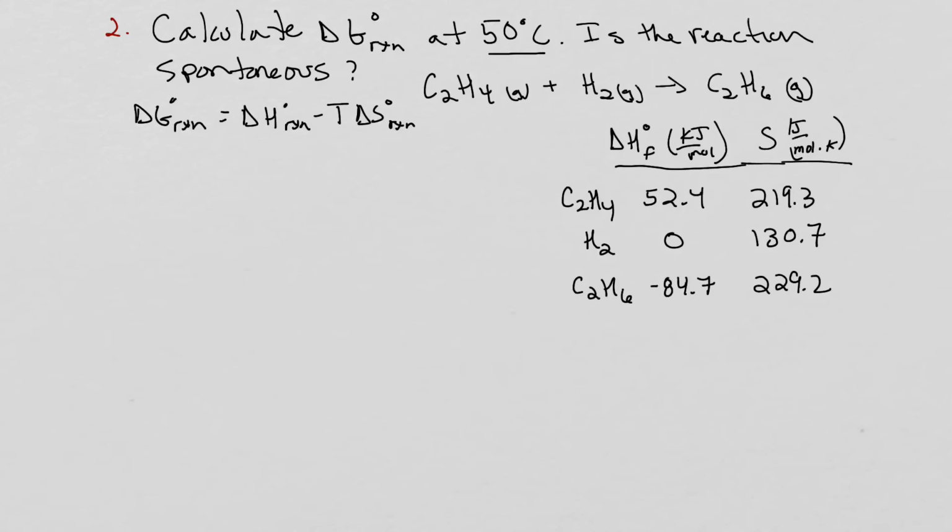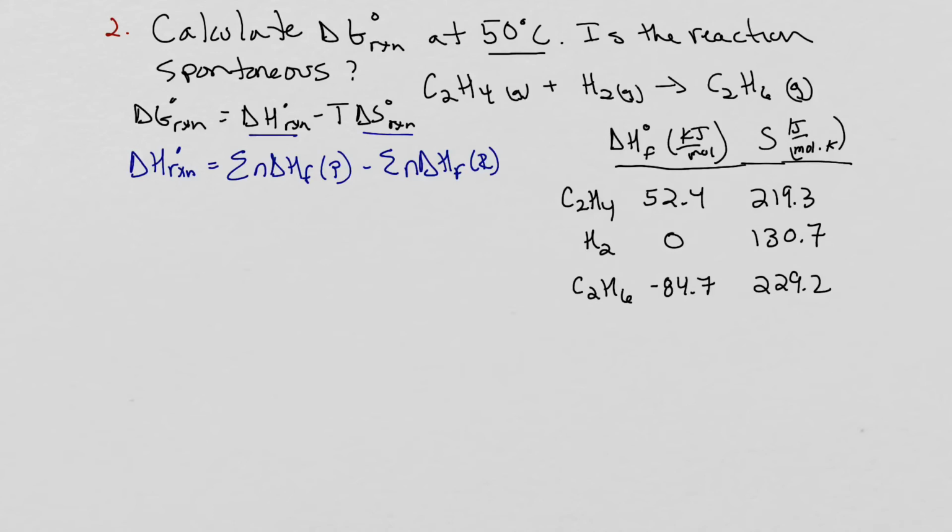So we first need to calculate the delta H and the delta S of reaction. Now, we're going to use our products minus reactants equations. So delta H of reaction equals the sum of delta H formation of the products minus the sum of coefficient times delta H of formation of the reactants.